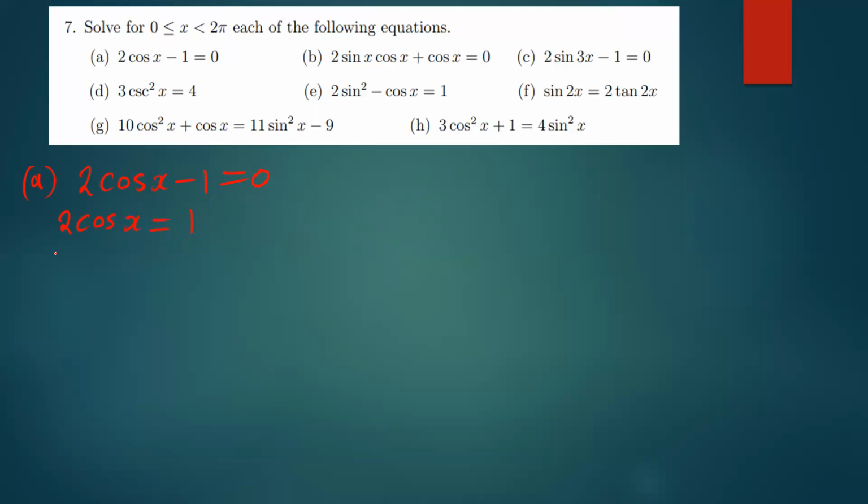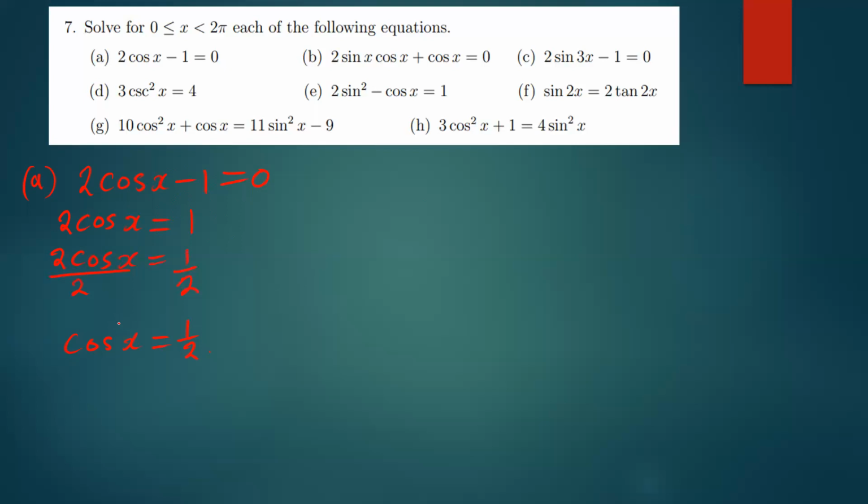Then from there, I'm going to divide everything by 2, not cos x. Then we have cos x this side being equal to 1 over 2. Now it's a matter of us finding the value of x. The answer that we're going to get after solving this equation is not going to be the final answer. It is going to be called a reference angle.